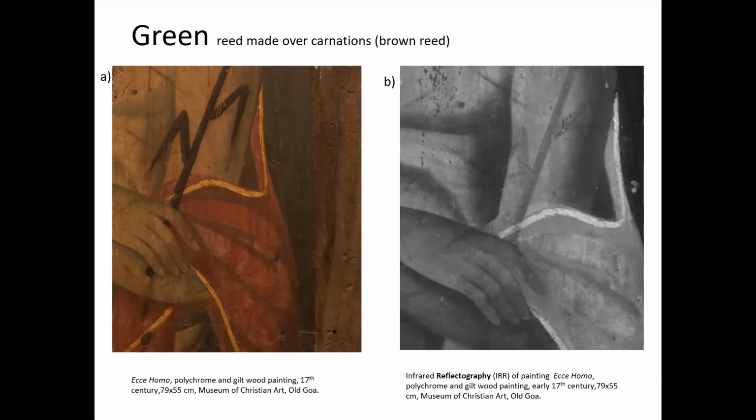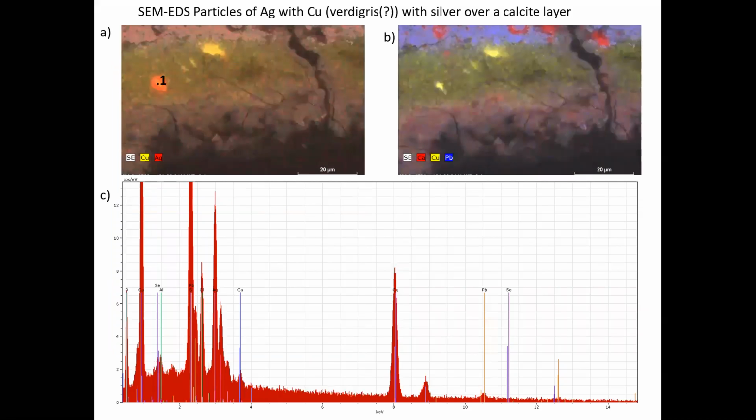And we also have the most interesting thing in this green: we could find particles of silver and copper mixed in this verdigris. So these particles were found, as you can see here.